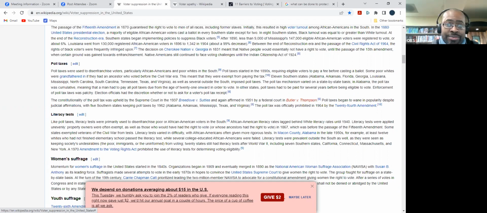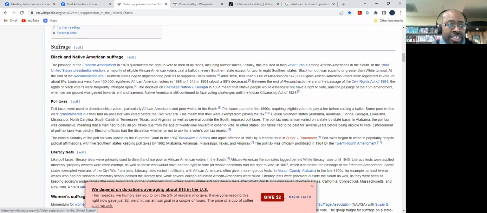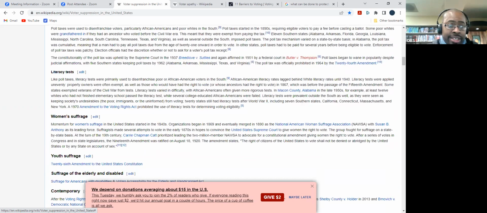Particularly, the poll tax was in southern states. And so voter suppression did not only affect African Americans and indigenous people, it also affected women and youth.